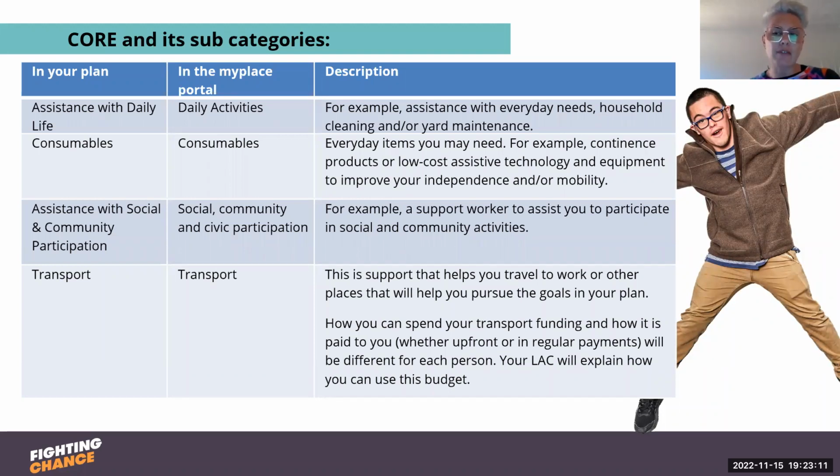If you don't have it periodically paid, technically it then falls into the whole core budget, and it becomes flexible. So you can actually use more than what they have allocated on transport. So it becomes more flexible, but you also can get an increased amount of transport money than the level 1, 2, and 3 if you don't have it periodically paid into your bank account. But it is your choice. They don't audit the periodic payments, so you don't need to keep receipts or anything like that for that.